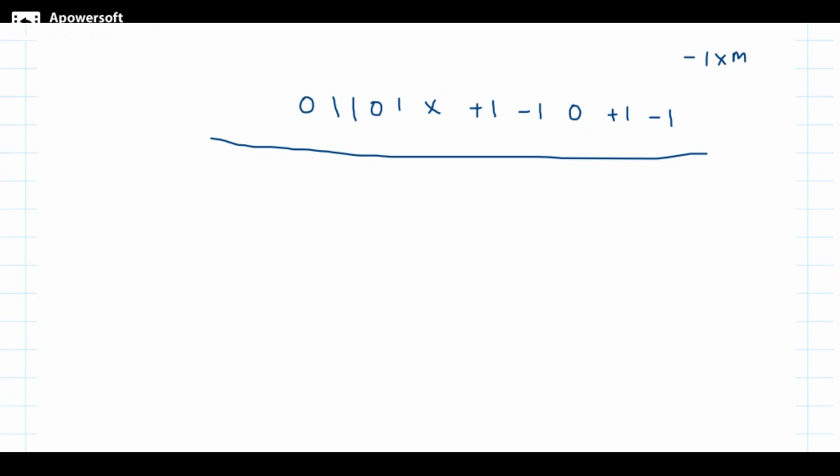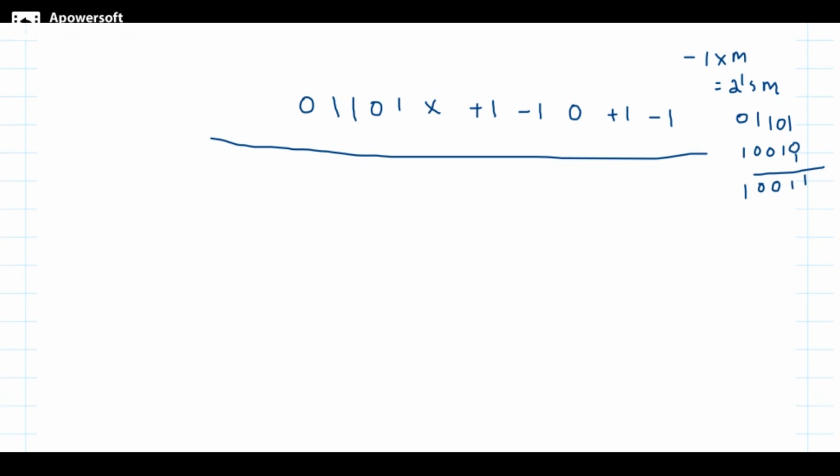means 2's complement of m. So first I'll write m as it is, that is 0, 1, 1, 0, 1. Take the 1's complement of m, that is 1, 0, 0, 1, 0, plus 1, that is 1, 0, 0, 1, 1.